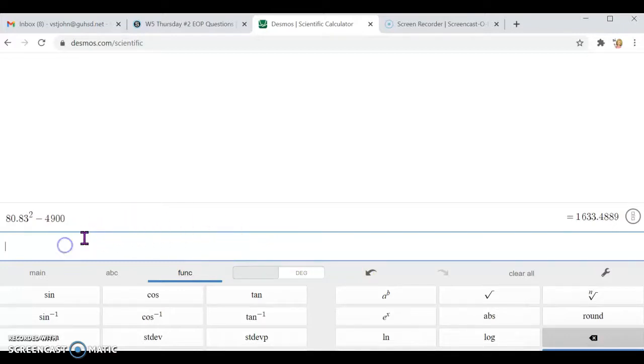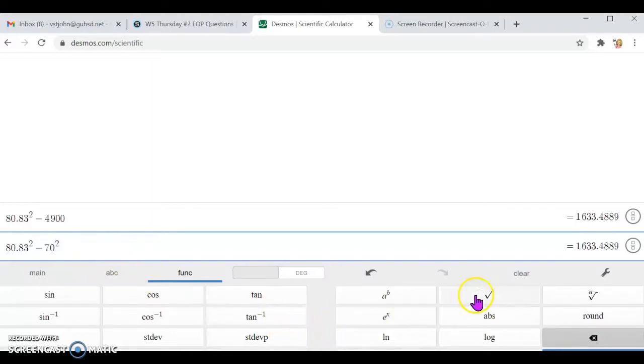80.83 to the power of 2 minus 70 to the power of 2 equals, that doesn't seem right. And what's the square root of that? Okay, the square root.